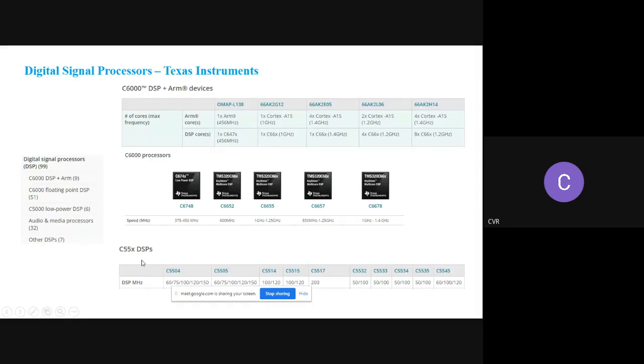Then you have the low end signal processor C55 series, used for normal signal processing or control applications, or even audio signal processing.